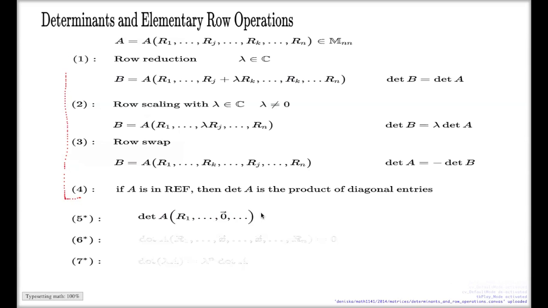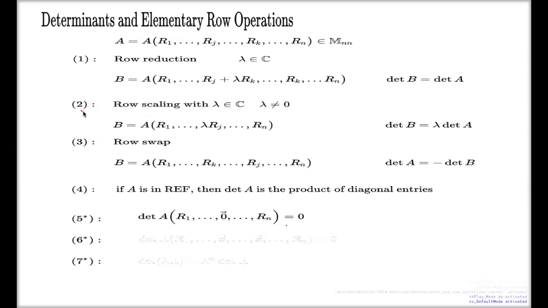I said here that if you have a matrix with a 0 row, the determinant of such a matrix will always be 0. How do I see that? Well, it comes from property 2, for instance. You can do it like this.